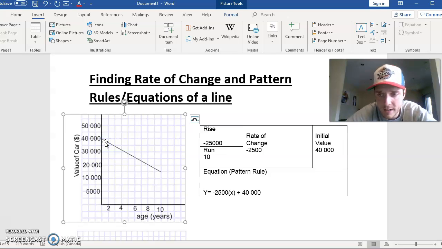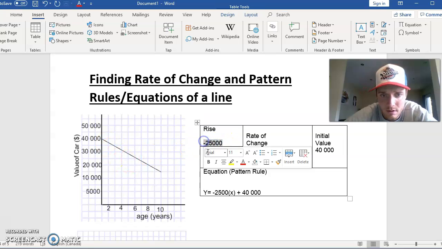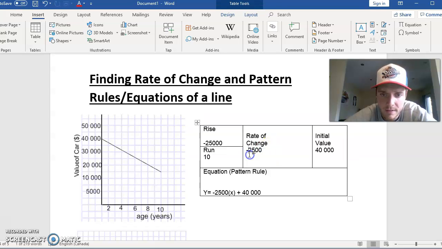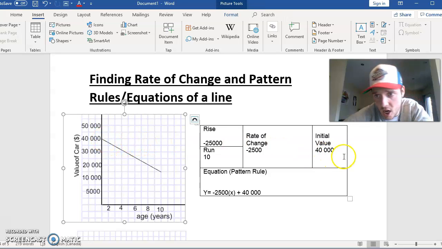So y2 minus y1: 15,000 subtract 40,000 is negative 25,000. x2 is 10, x1 is 0, right? 10 minus 0, 10. Negative 25,000 divided by 10 is negative 2,500. That's our rate of change, which is the same thing as our multiplier. Our initial value, our starting point, 40,000. That's where it starts. That's our constant.